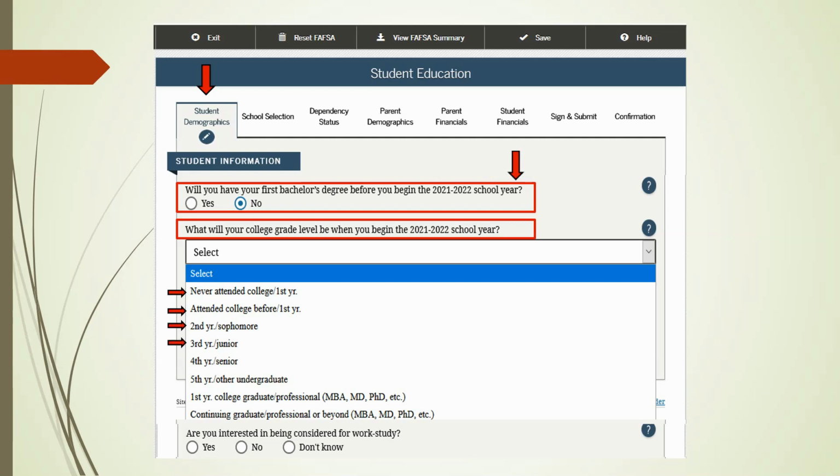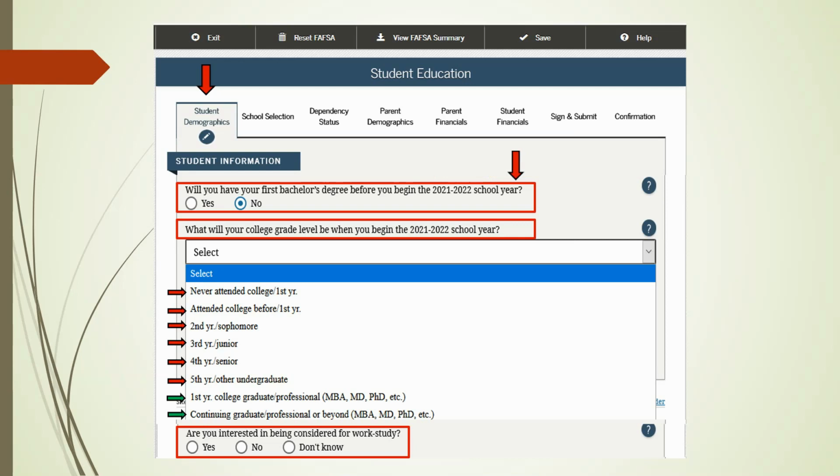There's second year sophomore, third year junior, fourth year senior, fifth year other undergrad, and graduate professional programs, first or continuing. And the reason these are important is because the different levels of grade that you're at will determine your eligibility for various loan programs, so you want to make sure you're accurate with that.